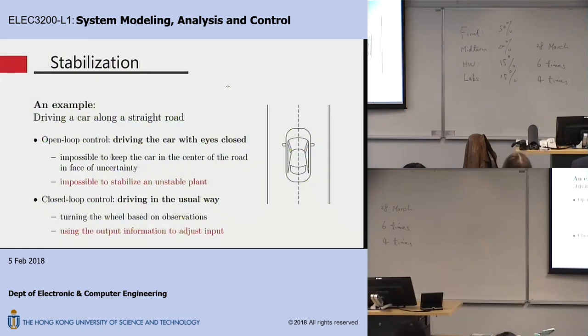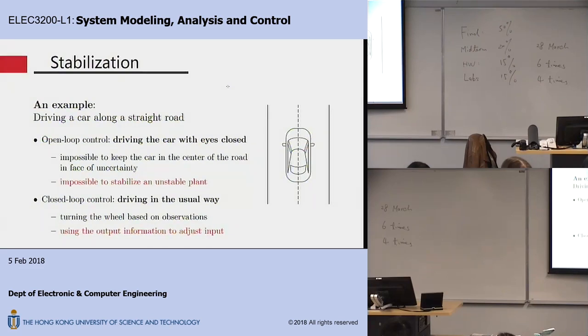So later on, when we talk about control, we always mean closed loop control. In closed loop control, the driver has to see the real position of the car and make adjustments according to the observation. So you look at the outcome, and then you decide your control action using your observed outcome.